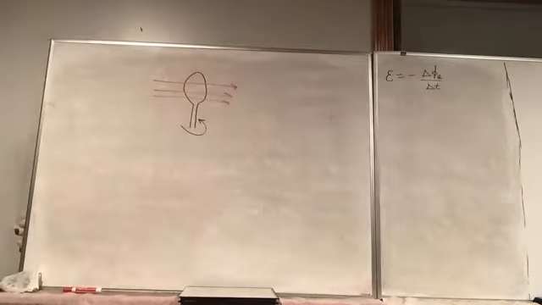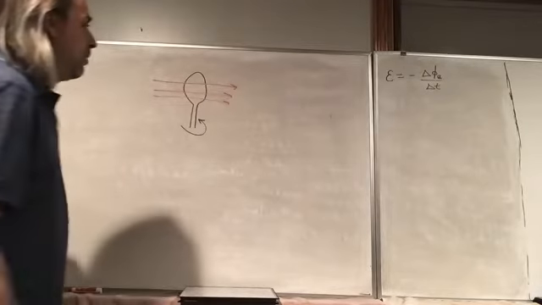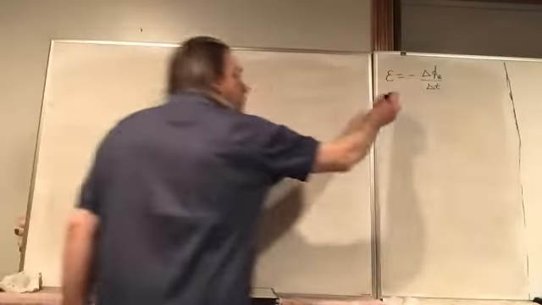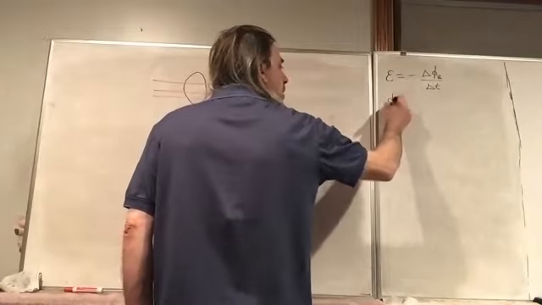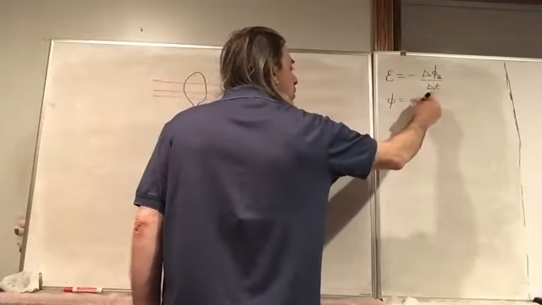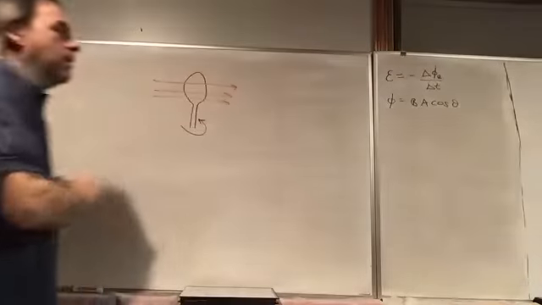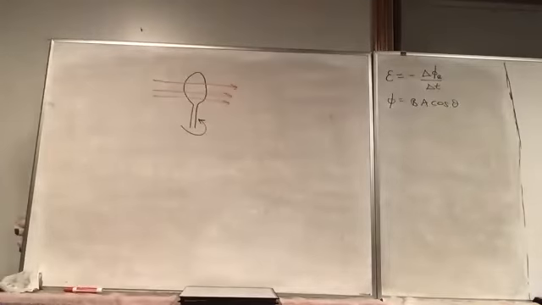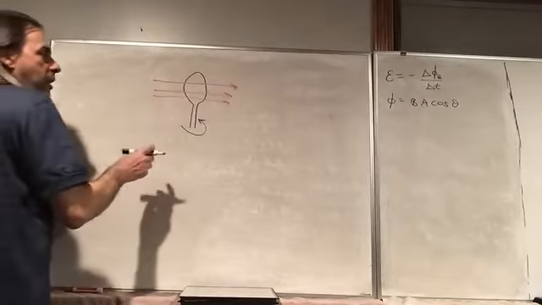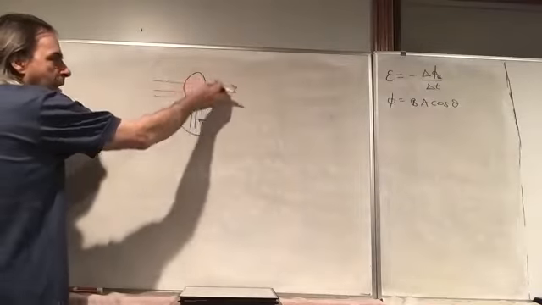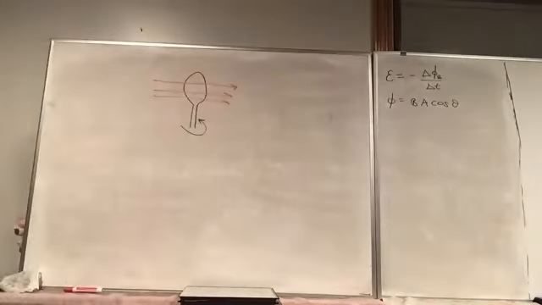In this case, the flux is always changing. I should have written down what that is. So yeah, because theta is always changing. Theta is the angle between the magnetic field and the normal vector. And if it's rotating, theta is always changing. And so the flux is constantly changing.